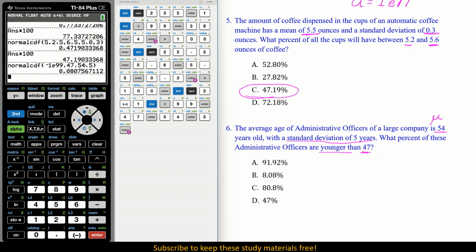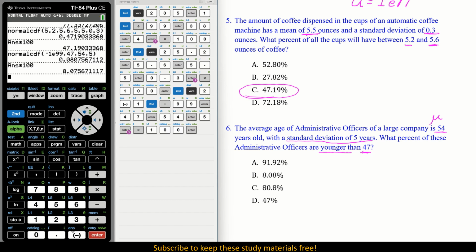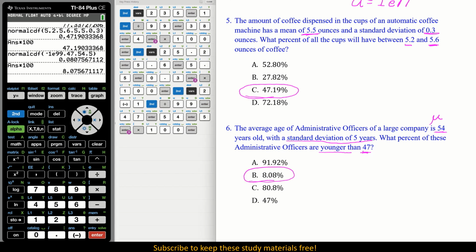And then it shows everything we put in. But it asks us what percent, so times 100, enter, and that will be rounded to 8.08%. So B is the correct option.